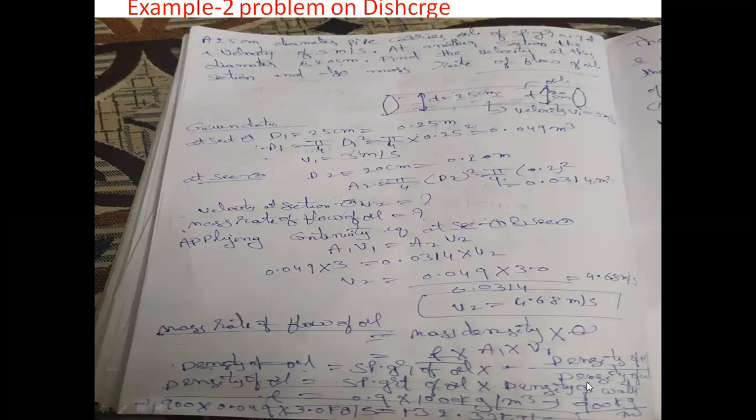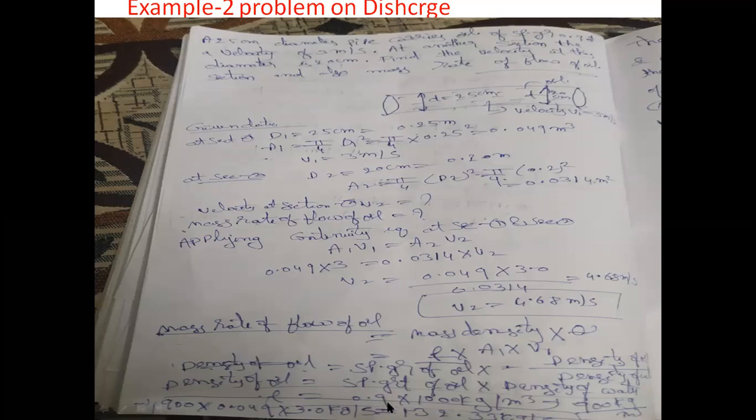So the density of the oil comes as 900 kg per meter cube.